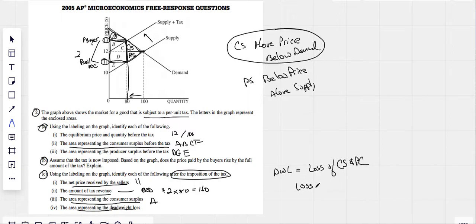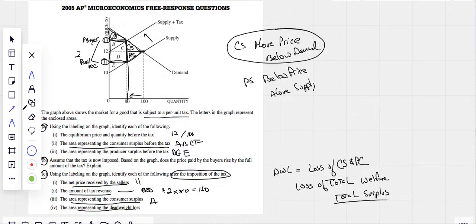We could say deadweight loss is a loss of total welfare. Or we could say it's a loss of total surplus, right? We are worse off as society because we have less of this good. Easy enough. And we would just label that deadweight loss as F and G.